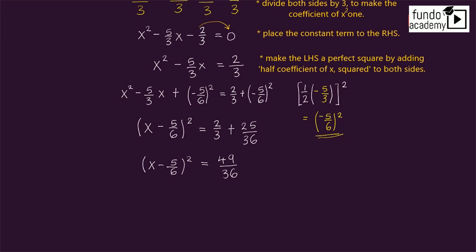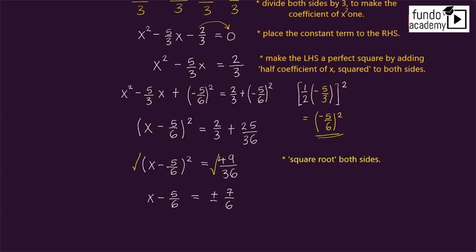Alright, next we square root both sides to remove the square on the left hand side. So if we square root both sides, then on the left hand side we'll be having x minus 5/6, and on the right hand side we'll be having plus or minus 7/6. Remember, the square root of 49 is 7 and the square root of 36 is 6.